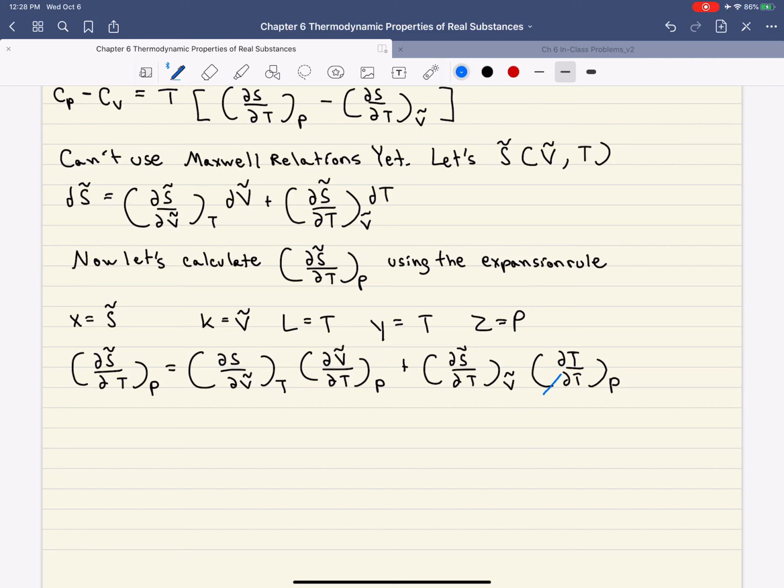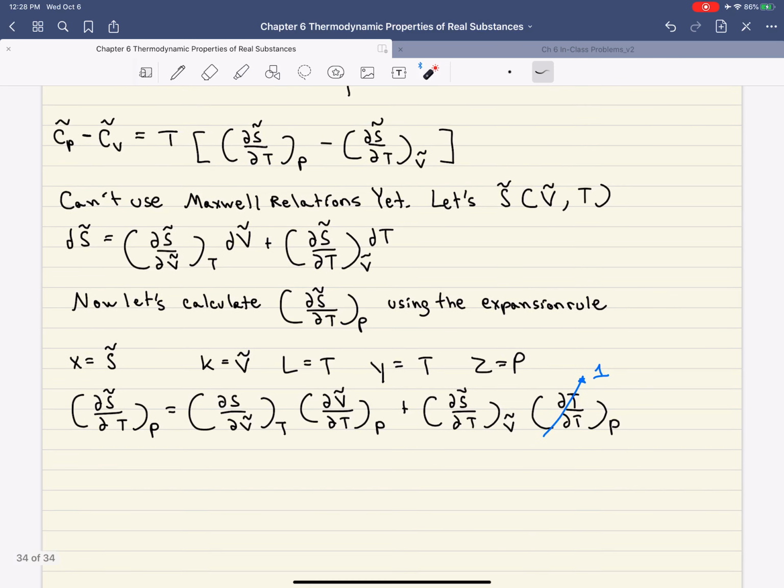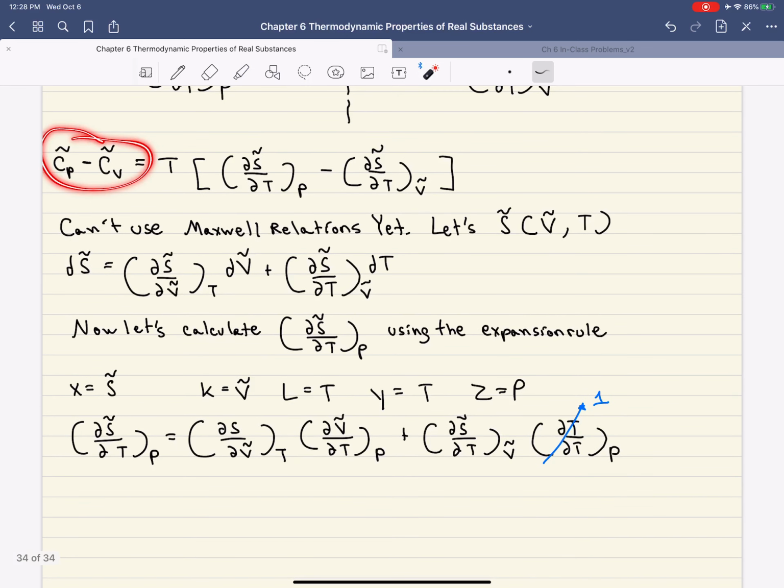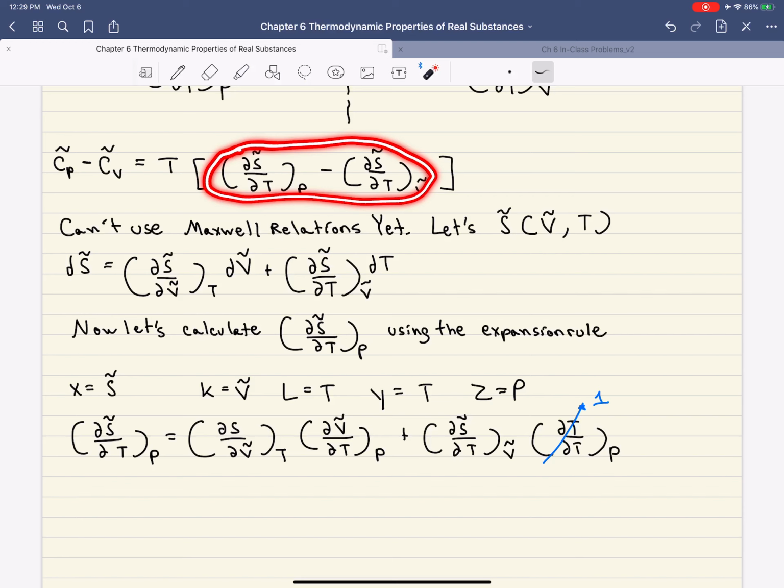What we see here is we have a dT dT. That's going to be equal to 1. Okay? All right, and by doing the expansion rule, we also ended up with a dS dT at constant V. And if we look back up at our equation for Cp minus Cv, in the end, what we want is dS dT at constant P minus dS dT at constant V.